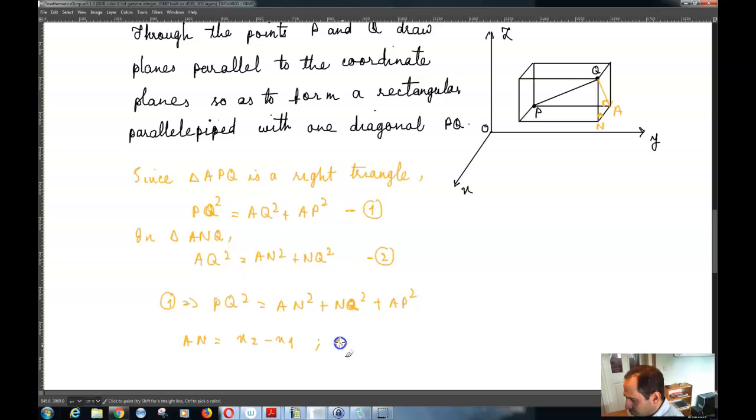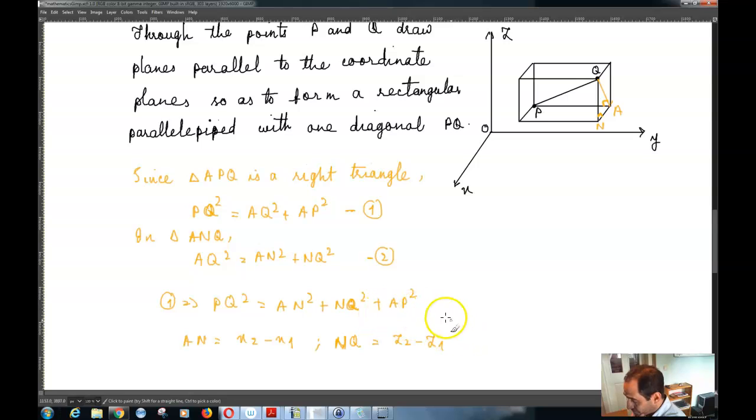Now NQ is the distance between N and Q, and over here you can see that the difference between these 2 points is in the Z coordinate, meaning that the X's are the same, the Y's are the same, but the Z's are different. So you could write this as z2 minus z1.